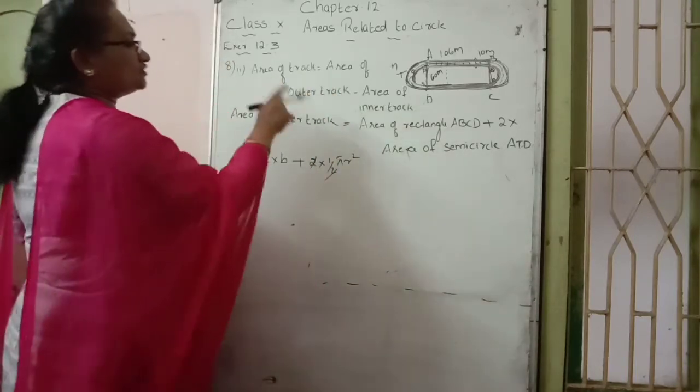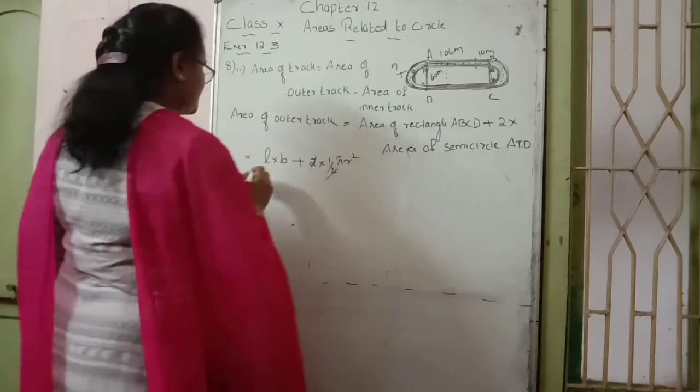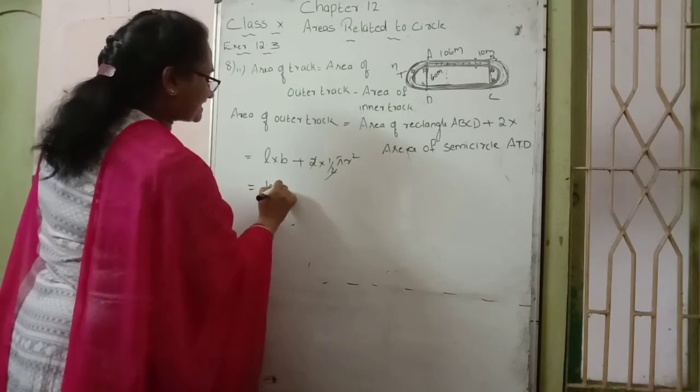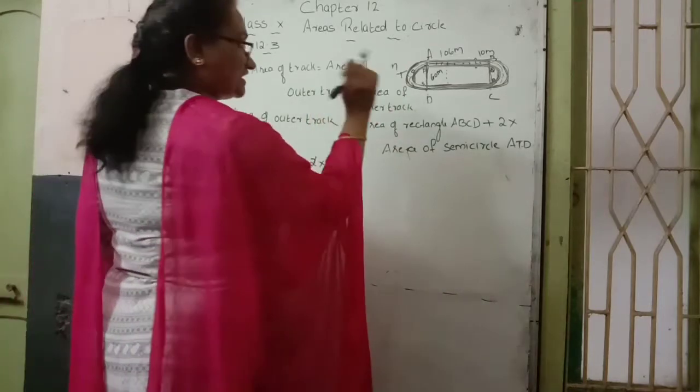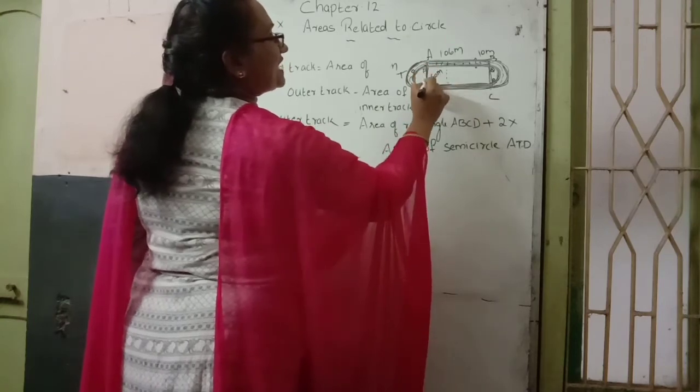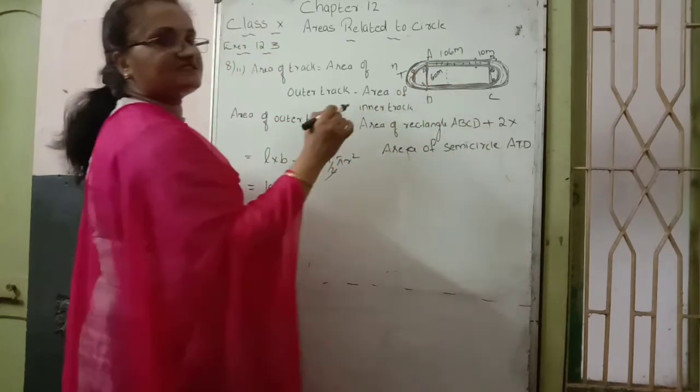Then here we want the length of the track. The length is okay. How much is the length part? 106 is the length. How do we find the breadth? We know the distance between these two parallel sides is given as 60.